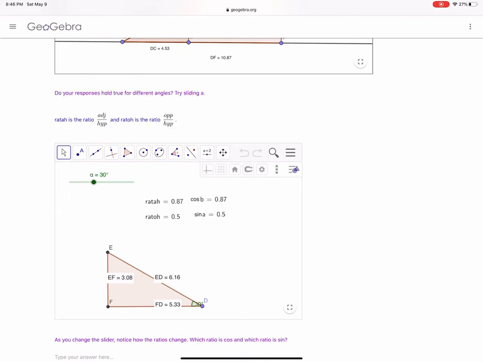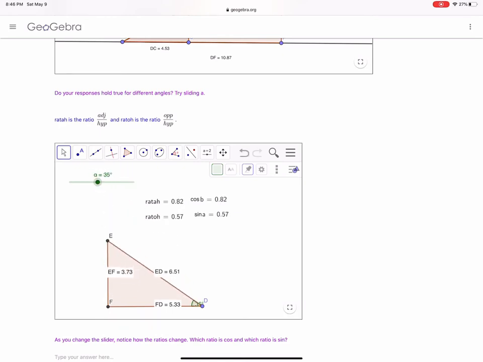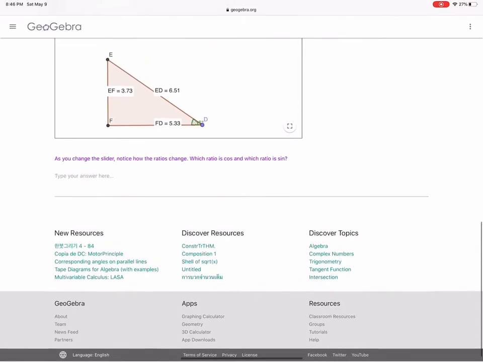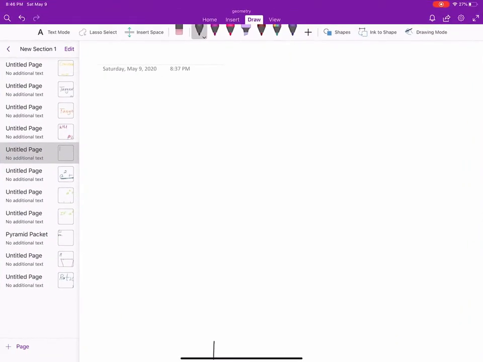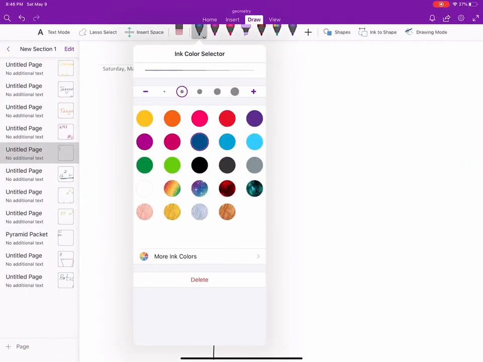Then the other one is opposite over hypotenuse, so that would be 3.08, and the hypotenuse is still 6.16. As you change this, the cosine and the sine correspond to those ratios. So those are our trig ratios, our brand new ones, and our last ones.